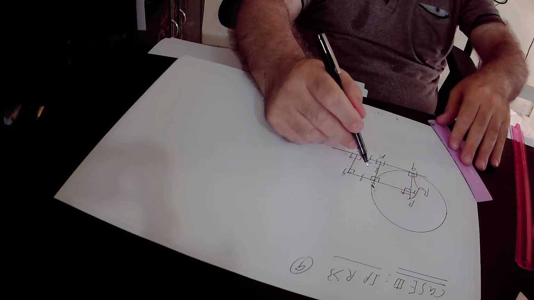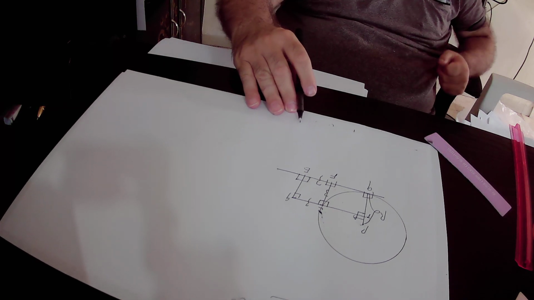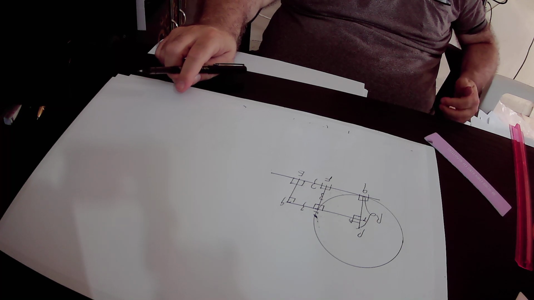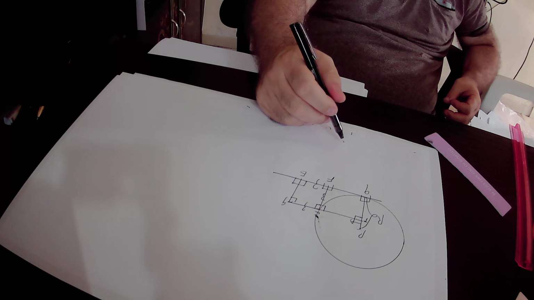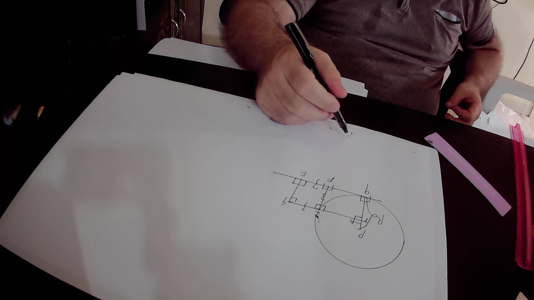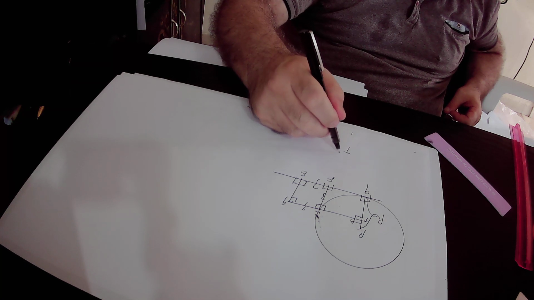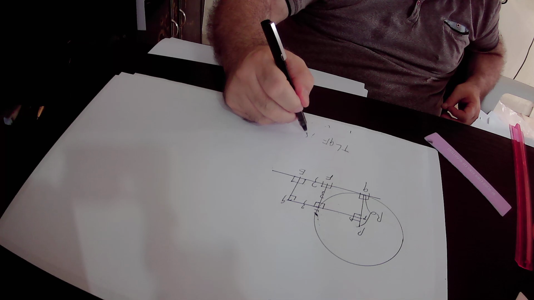Therefore, inside quadrilateral TLQF, we have 4 right angles. And any quadrilateral that has 4 right angles must be at least a rectangle if not a square. So we regard quadrilateral TLQF as a rectangle because it has 4 right angles.